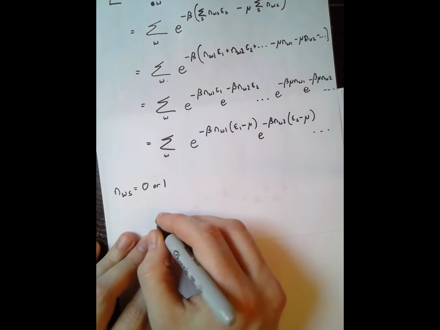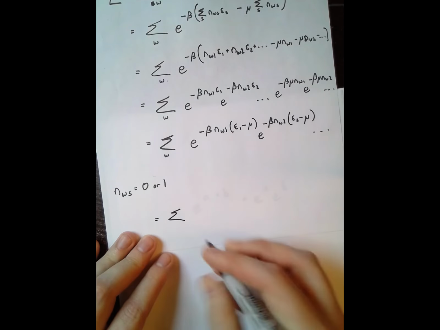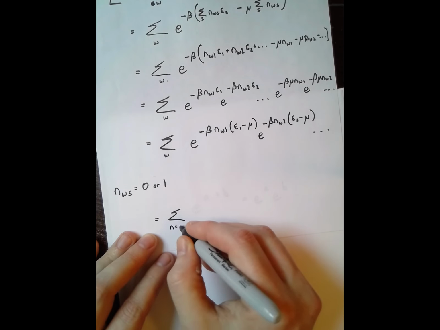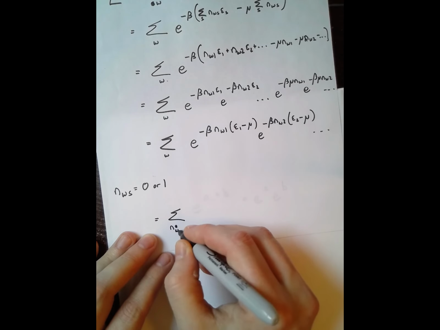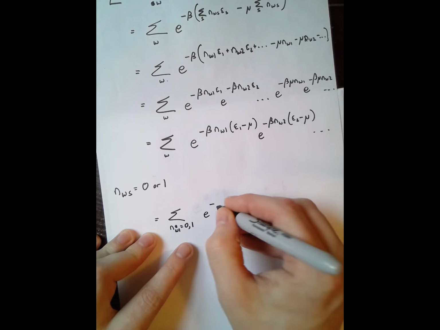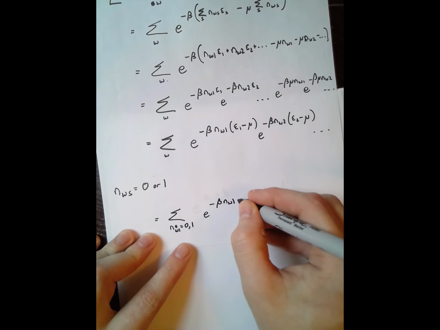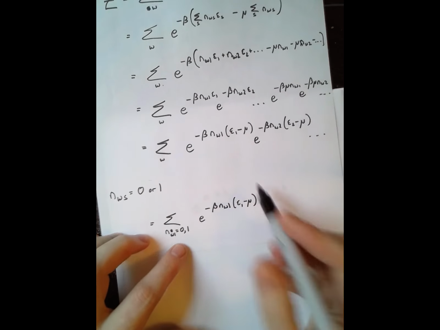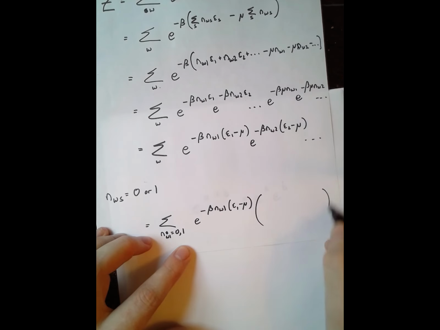So that would just be the sum from n_w1 equal to 0 to 1 of e to the minus beta n_w1 (epsilon_1 minus mu), times everything else.